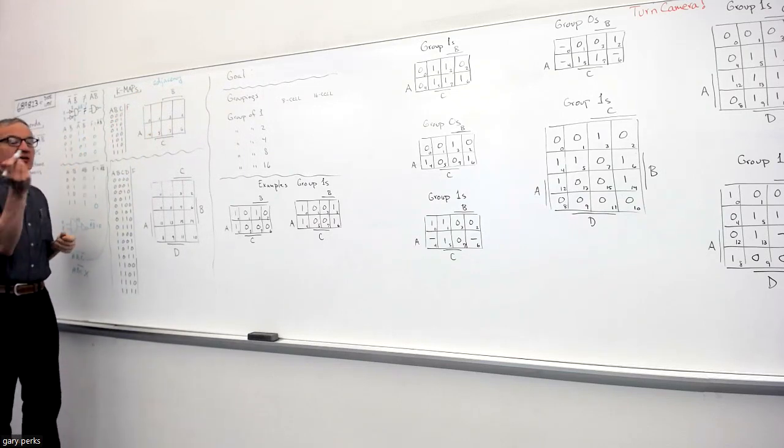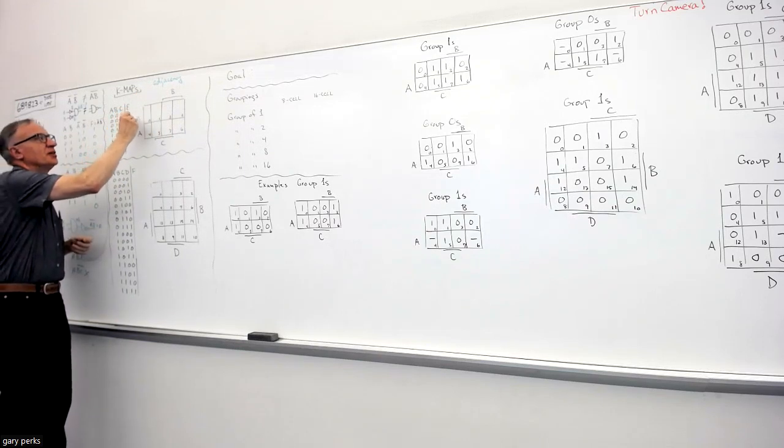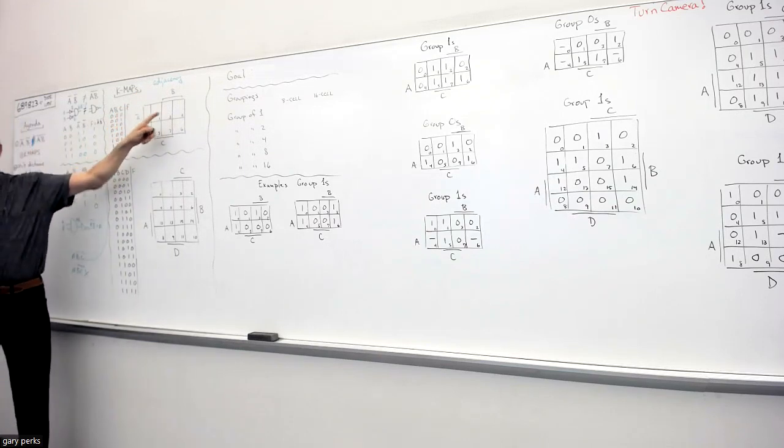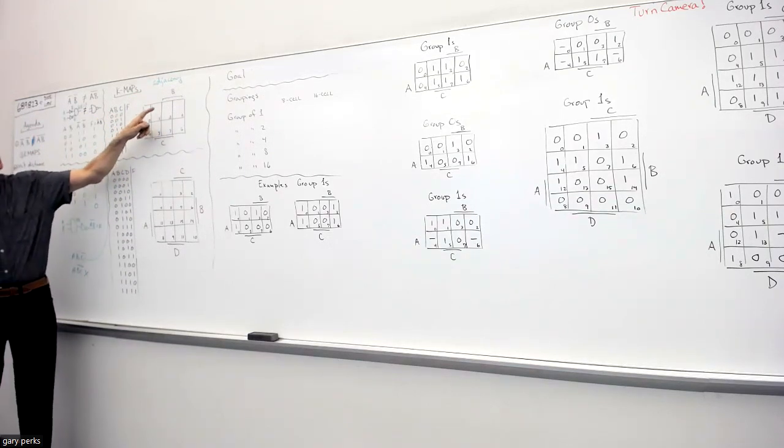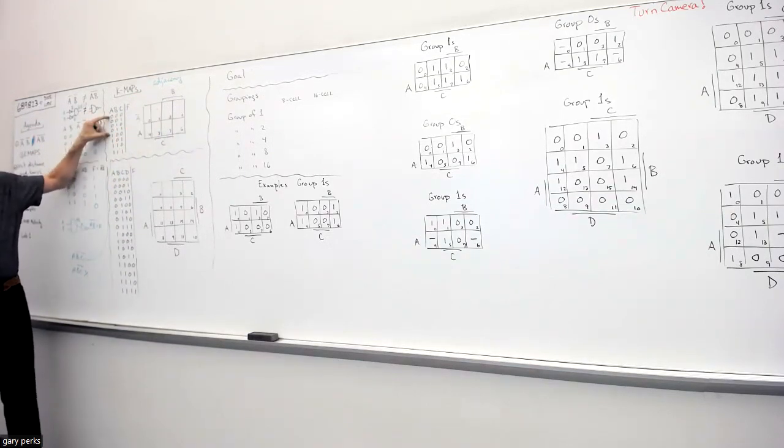You likewise could put not A next to this row, because for this row, 0, 1, 2, and 3, A equals 0 for all those binary numbers.